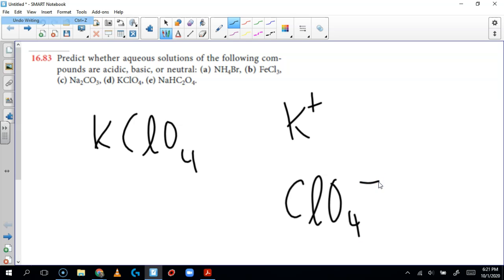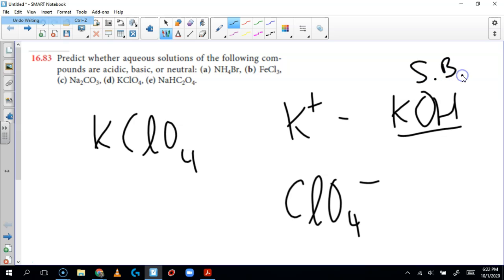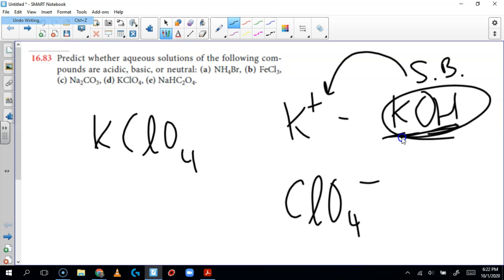The potassium forms KOH. KOH is a strong base, so this does not contribute to the pH. It is fully dissolved, so you don't get any OH because of the K. The K stays as an ion, so it doesn't form any KOH, and we don't get any basic activity.